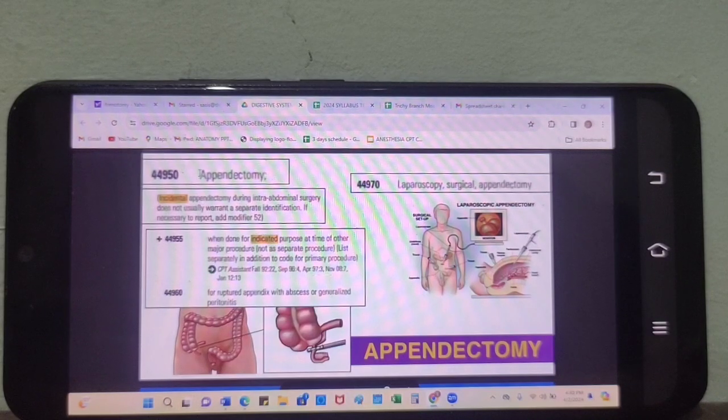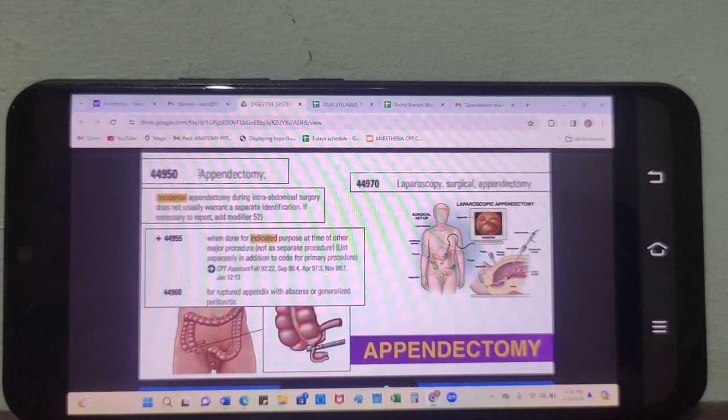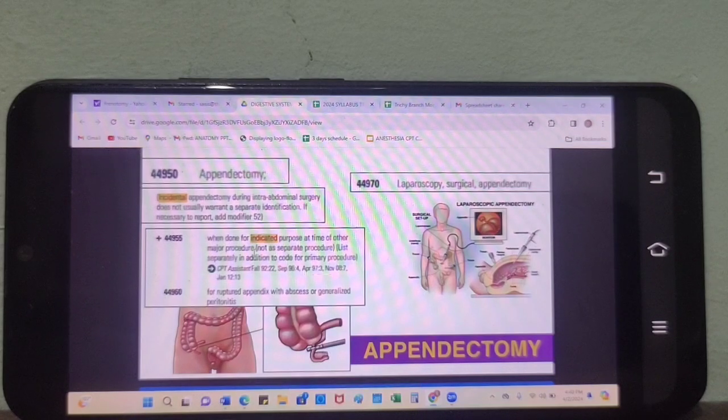That means along with a hysterectomy, doctors also perform the appendectomy. Along with another major procedure, doctors also perform the procedure on the appendix.